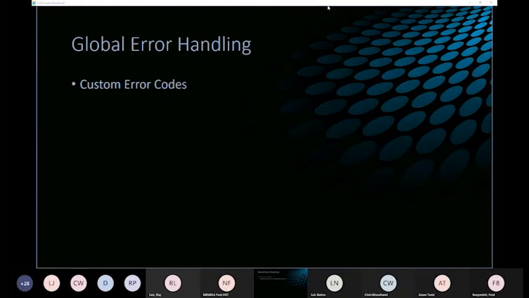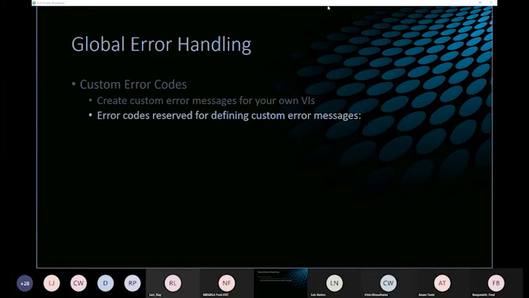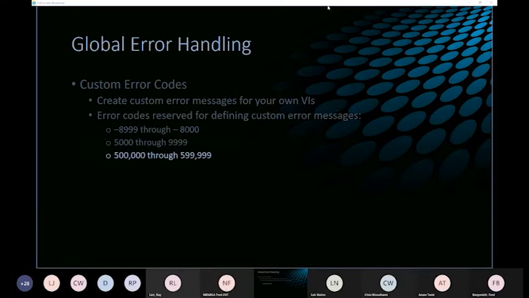If you're using custom error codes, that means you can create your own custom error messages for use within your VIs and application. There are some error codes that are reserved for defining custom messages, and these are the ranges. You definitely want to stick with these ranges. If you use codes outside these ranges, it's possible that you would be stepping on codes that LabVIEW uses, and that would be a big problem.